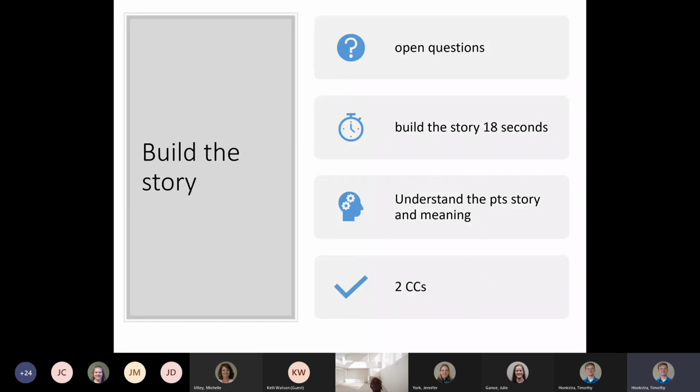So in building the story, we're talking about this 18-second thing where we usually start with closed-ended questions. What I think is we should go more with open questions. This helps us understand the meaning. So open questions and then funnel. And remember, besides the 3 complaints, there's a chief complaint and there's a chief concern.